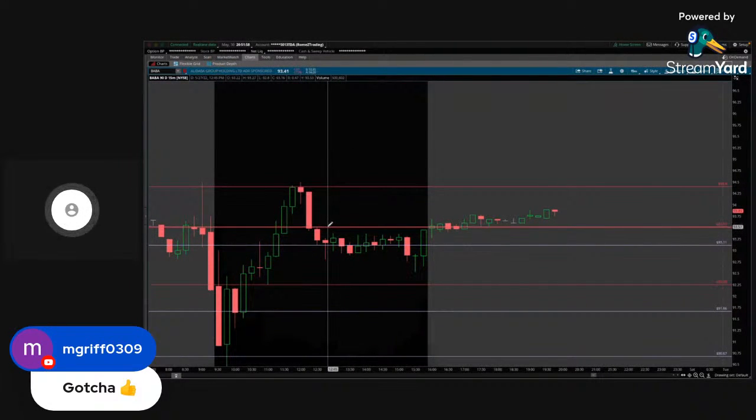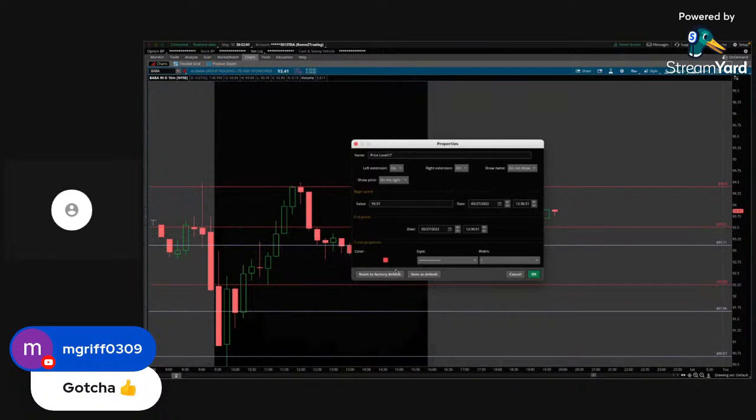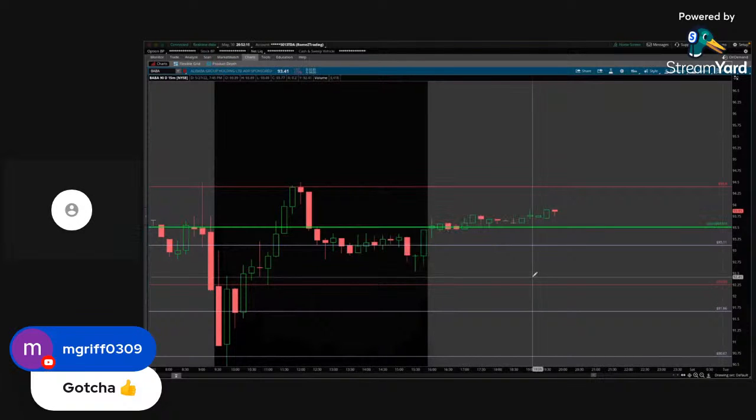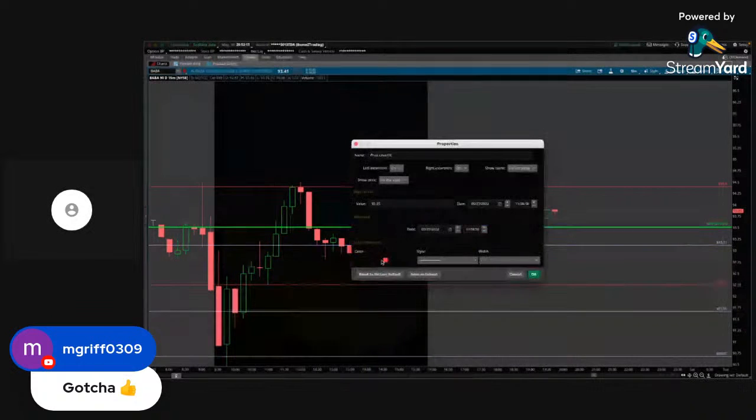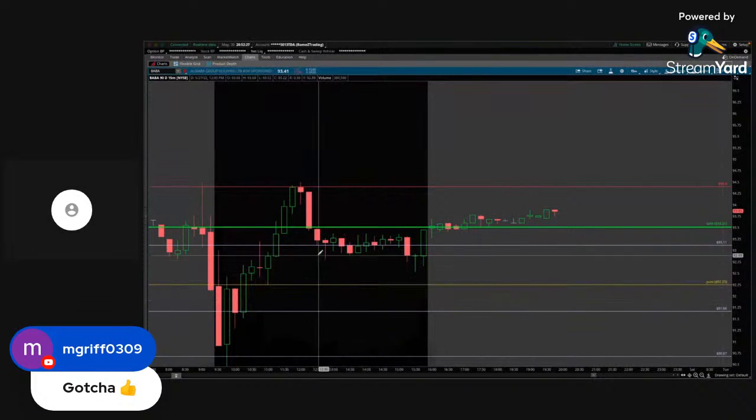So for those that are interested in Baba, here's your freebie right here. Calls above 93.51, puts below, sorry, I'm just writing this out for you guys, puts 92.25.